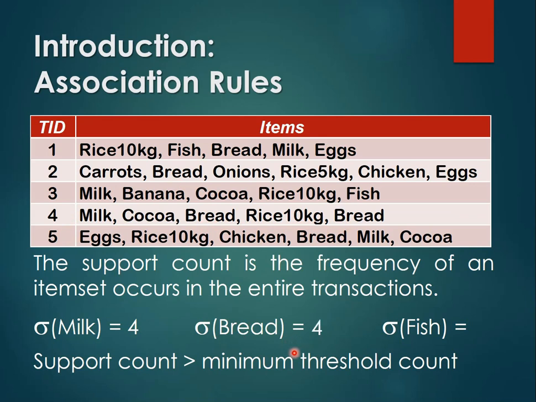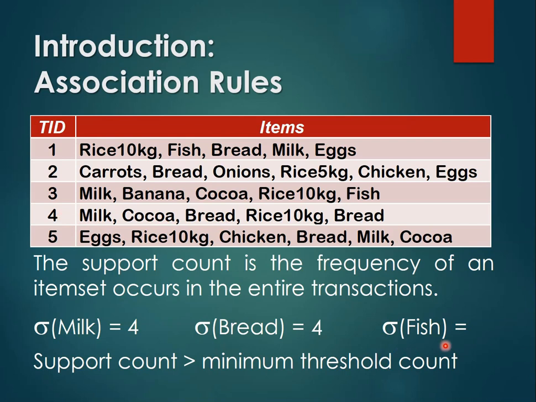It is going to be 4 because we are more interested in the number of transactions. The transactions that contain bread are transaction ID number 5, 4, 2, and 1. Regardless of how many times an item appears in one transaction, we only count that one transaction.